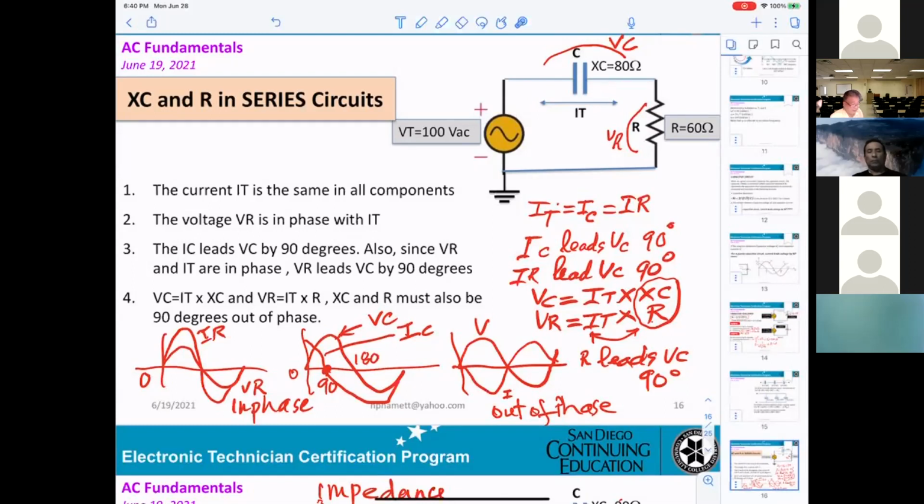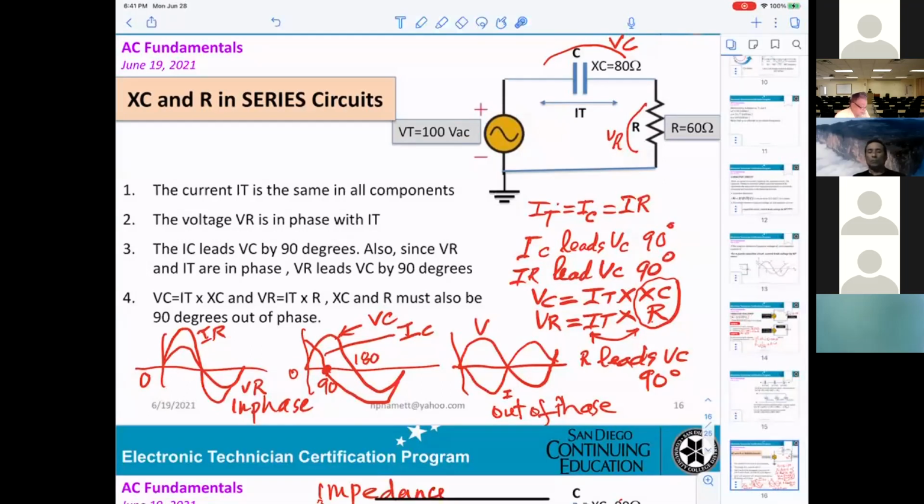And only one thing we don't know. That means the voltage here and the total current here are not in phase, but they are not 90 degrees different. They have some difference, but not 90. The only thing is IC leading VC by 90.